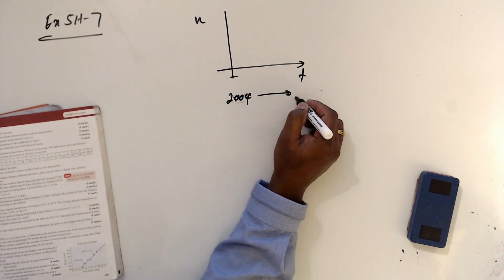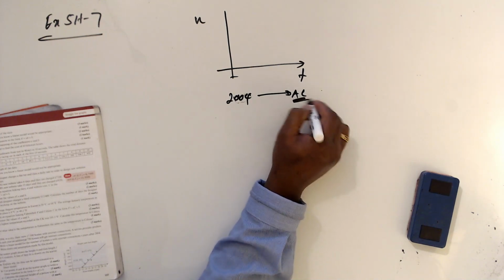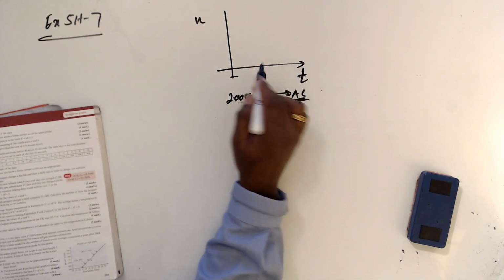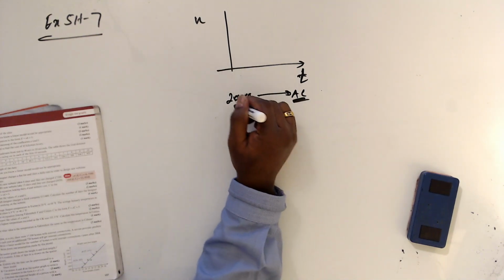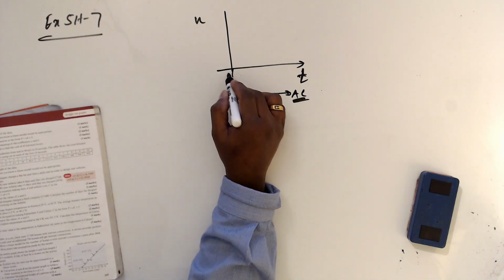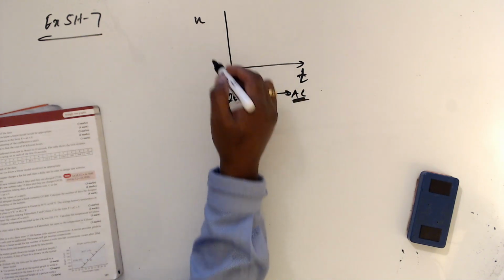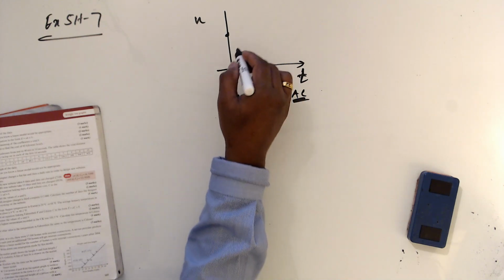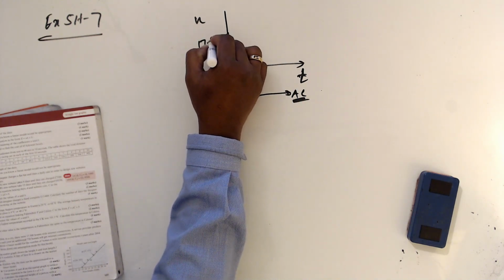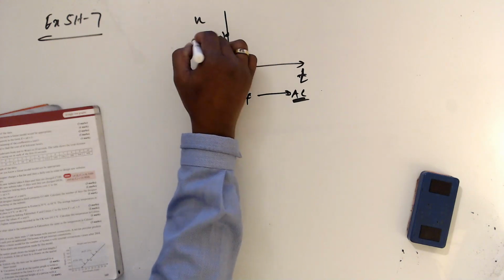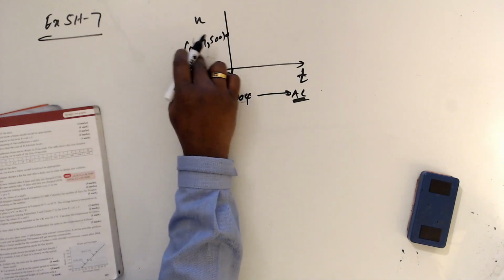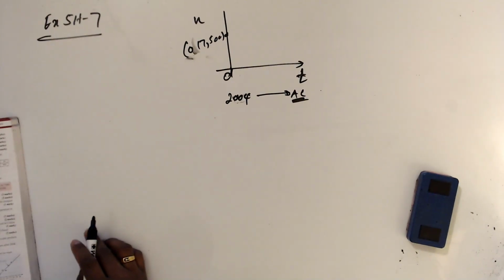The unit is years after 2004, so I will take T as time. So 2004 means that is the start, T equals 0. Right? When T equals 0, what is the value? 17,500. Basically, this is going to be a y-intercept if we draw a linear curve for this one.